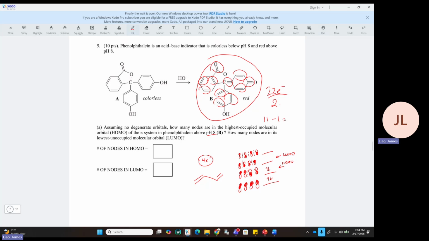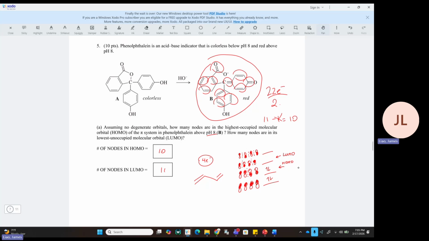And that will tell me how many nodes are in the HOMO, while the next one is the LUMO. So the number of nodes in the HOMO is 10, while the number of nodes in the LUMO is 11.